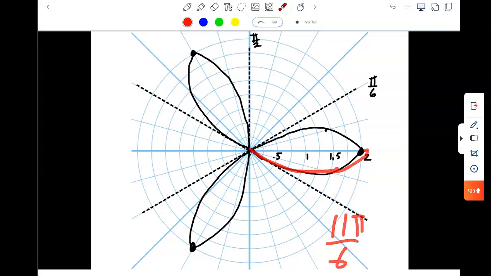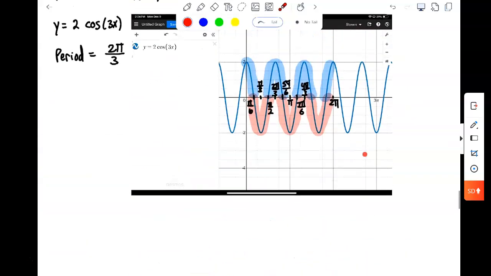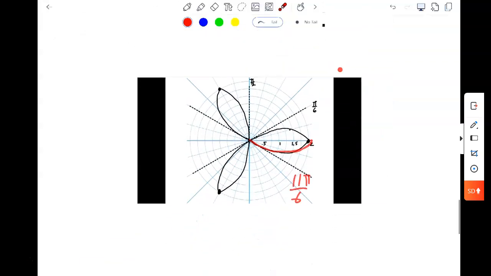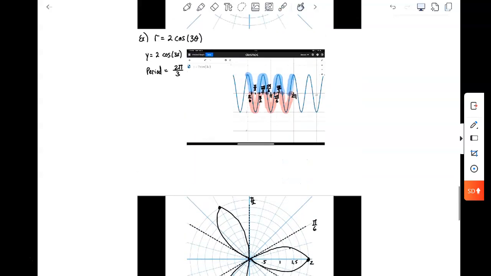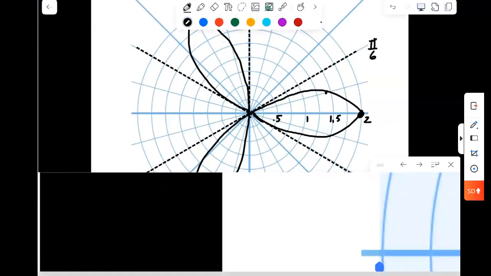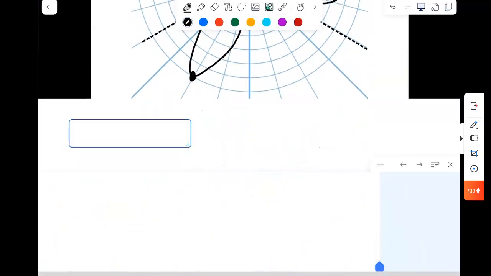And that's where you're going to get this last part where it's positive again, right here. And so we actually end up getting a 3-petaled rose here with this example.